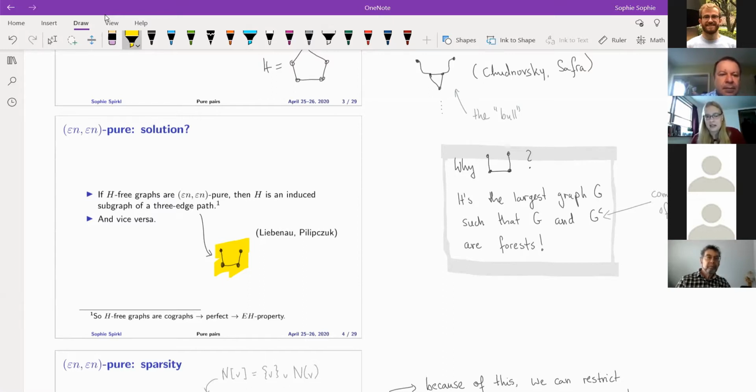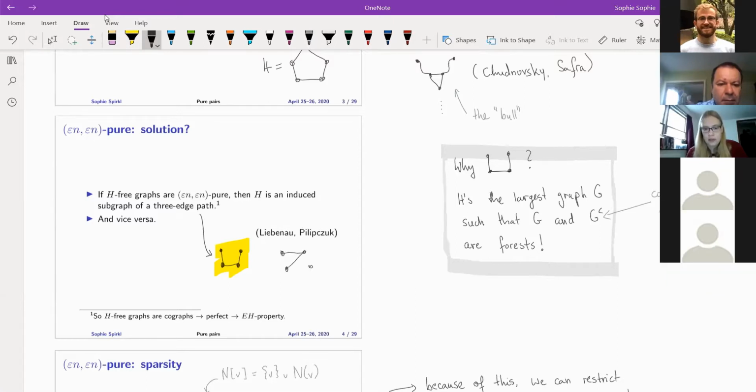And the reason it is this little graph is because this is the largest graph such that this graph and its complement, which is this graph, are both forests.